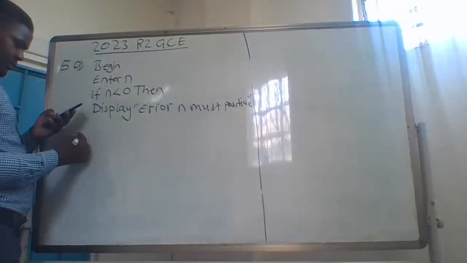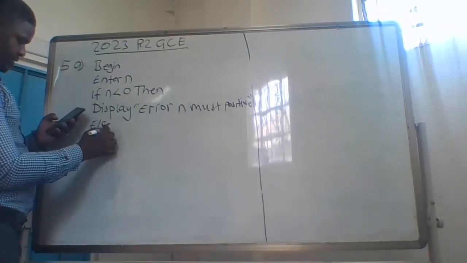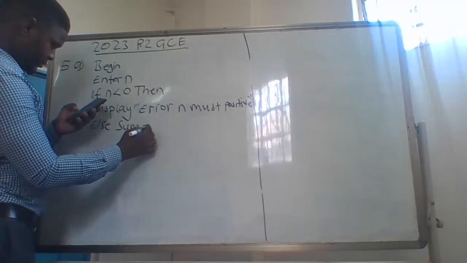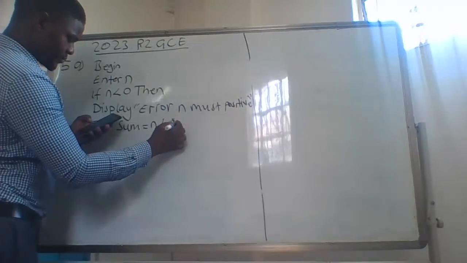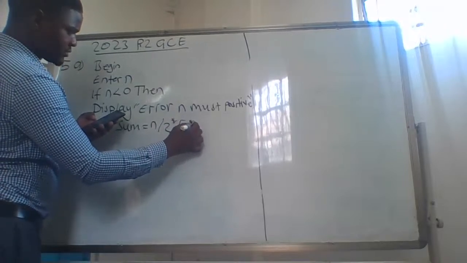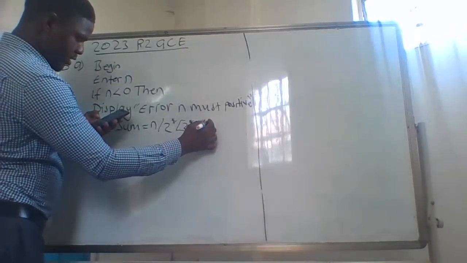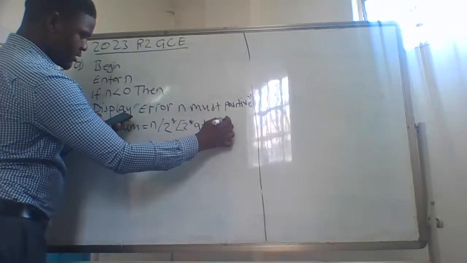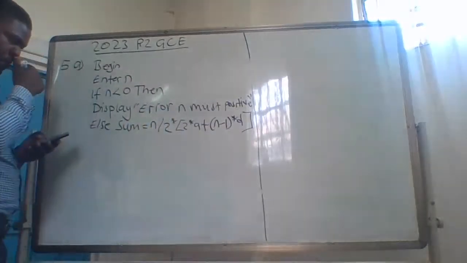Okay, then after that we have now the else part. Else, sum equals n over 2 times 2 times a plus, open bracket, n minus 1 close times d, then you close.